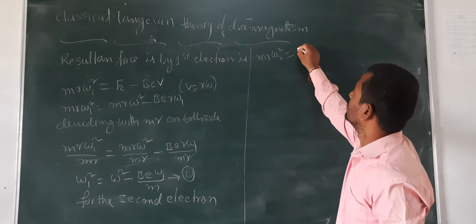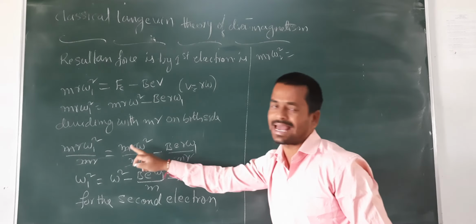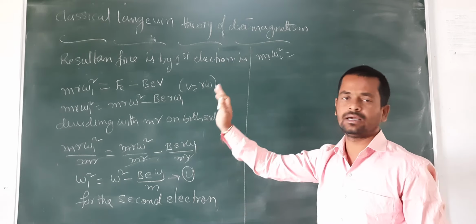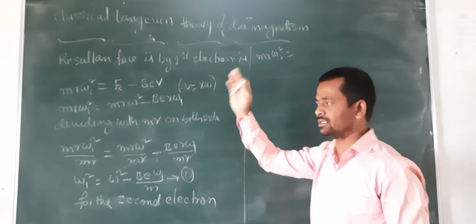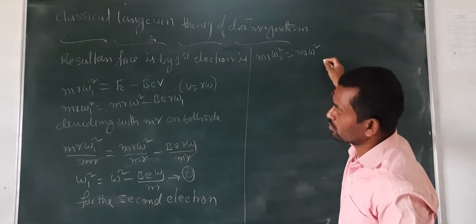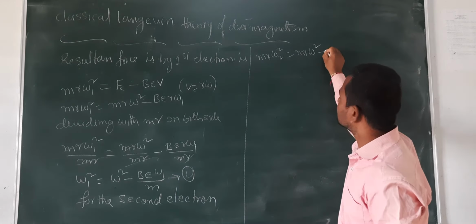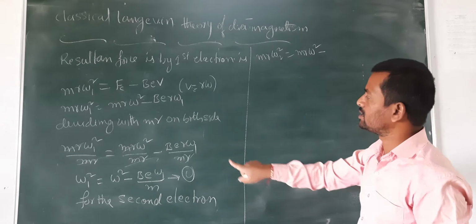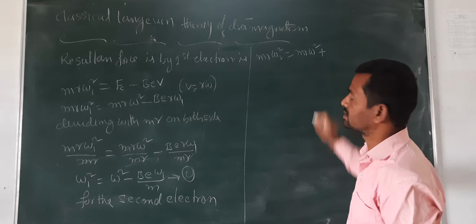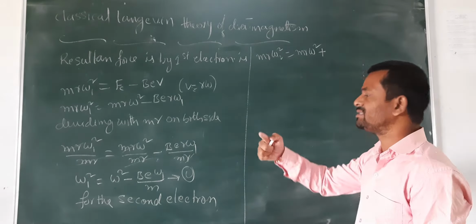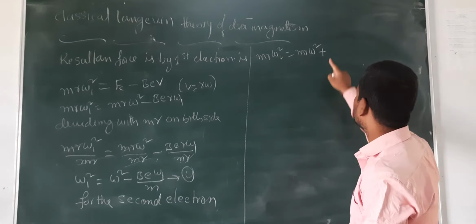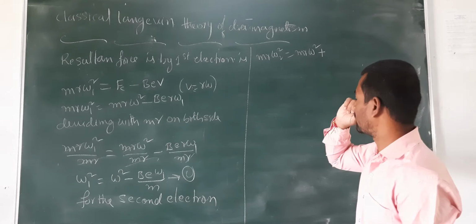The nucleus force is as it is, because the nucleus exerts the same force on the second electron, m r omega square. Instead of minus, since the first one is revolving clockwise and the second anti-clockwise, we make it positive. Anti means reverse, and reverse in mathematics is denoted by minus, so multiplying with minus, it becomes plus.